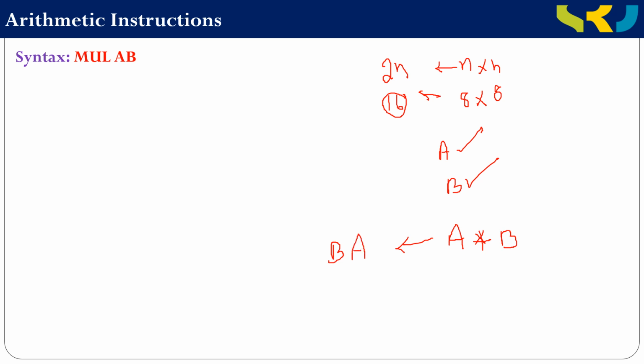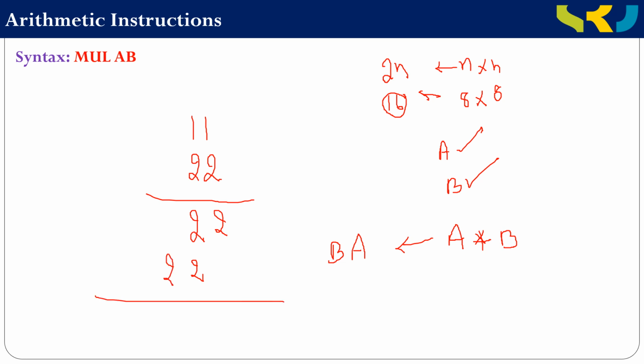Let us consider one simple example here. 11 and 22 are multiplied. 2 into 1 is 2, 2 into 1 is 2, then 2 into 2 is 4, 2 into 2 is 4. So our product will be 2, 4, 2, and there is no digit here, so you can simply place a 0.